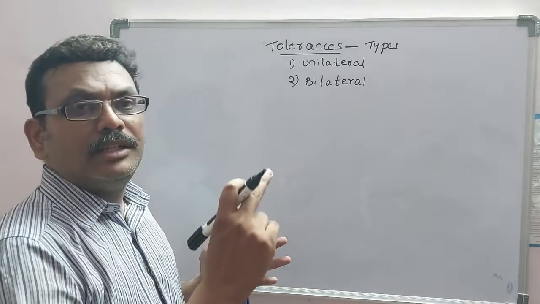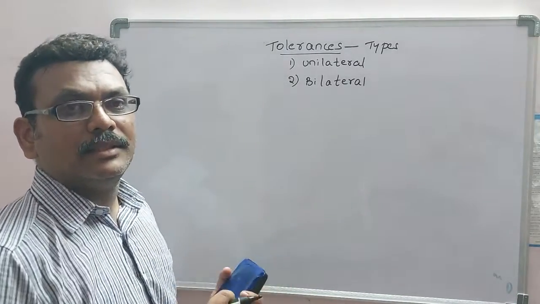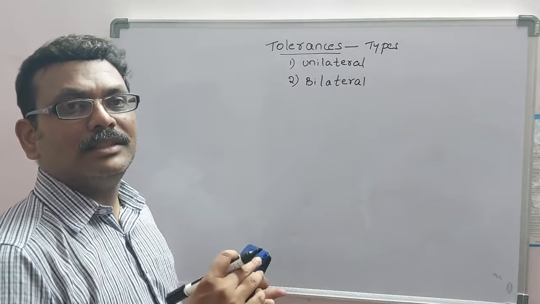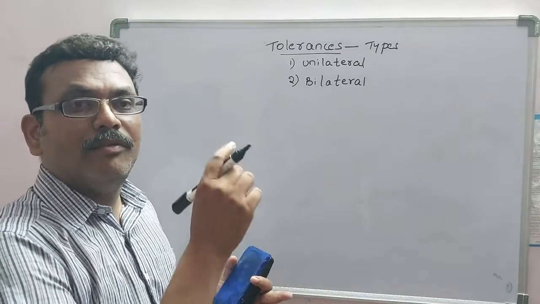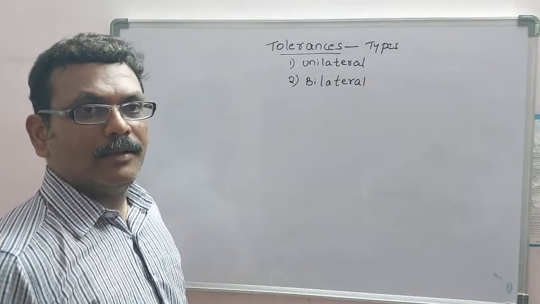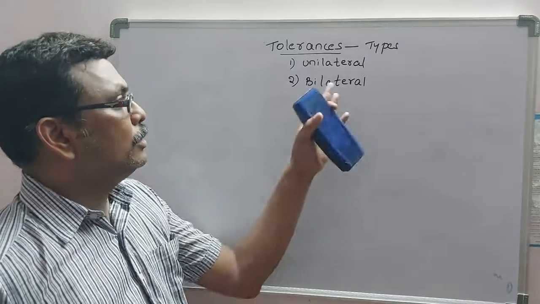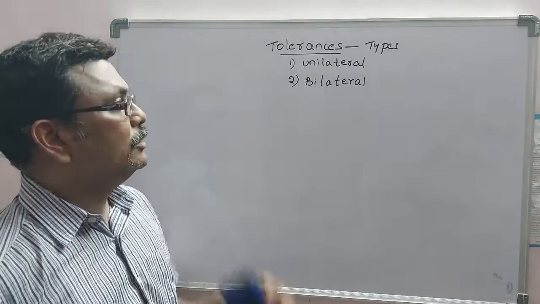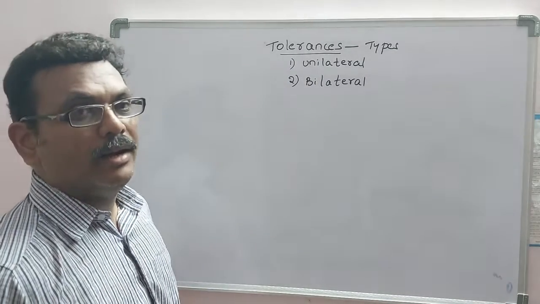That deviation should be within the limits, and the limits are provided with some values, which is called a tolerance. So there are two types of tolerances: one is unilateral and the other is bilateral.